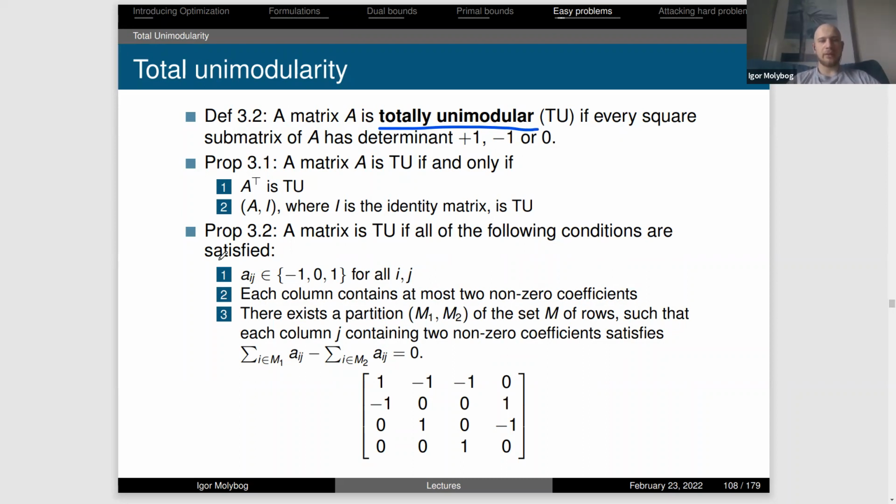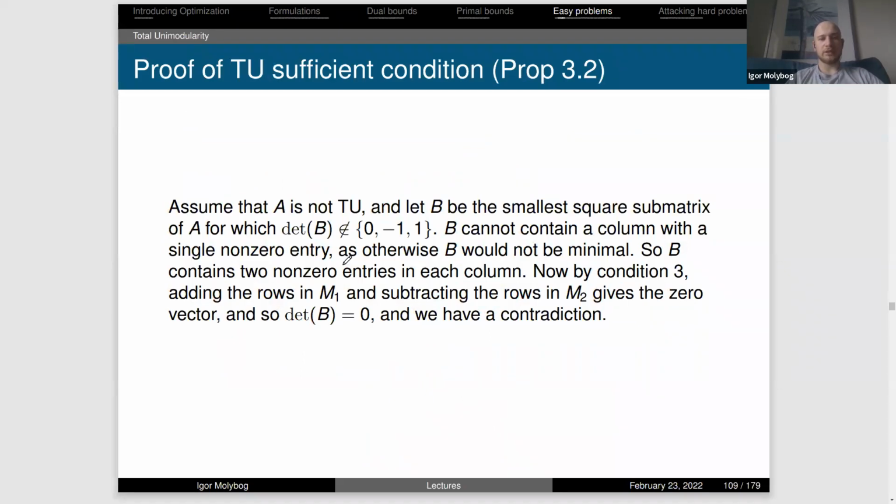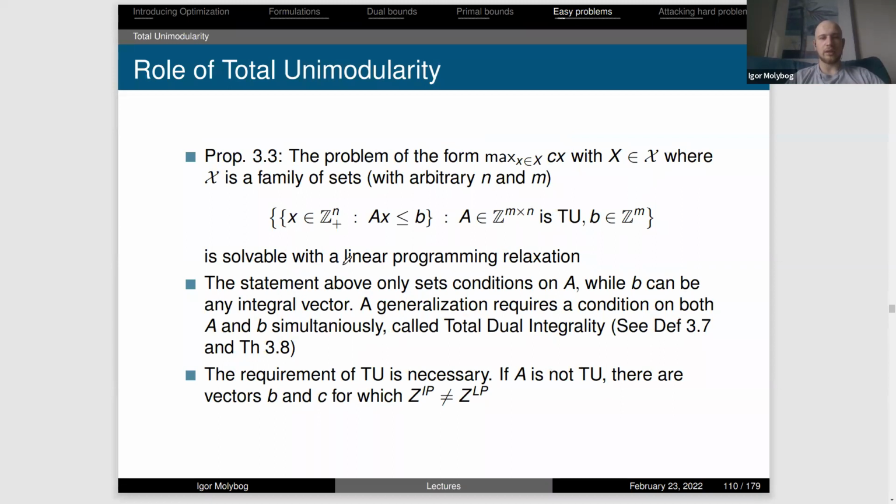So the property that tells you in which case a matrix is totally unimodular is in fact a very important property, because you can apply it even in the general case, and see that the problem is simple, and you can just solve it by applying linear programming relaxation.